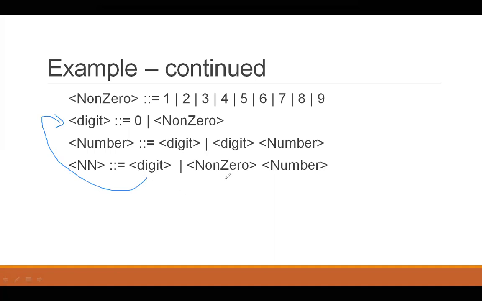Whenever there is more than one digit, the first digit is going to be non-zero, and the second one can be anything from the numbers non-terminal. Numbers are digits and numbers, so in the second place, a 0 can occur. Using this definition, you will never see a case where a 0 is in the leftmost position of the value.